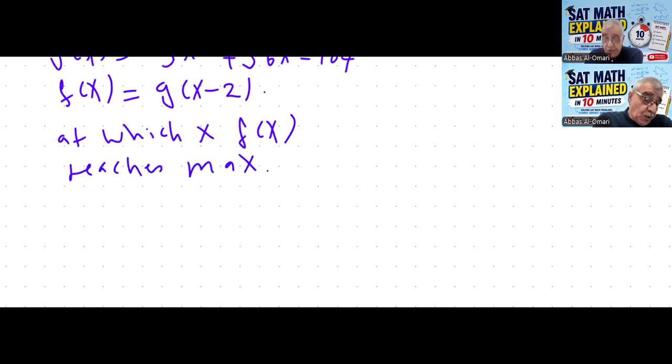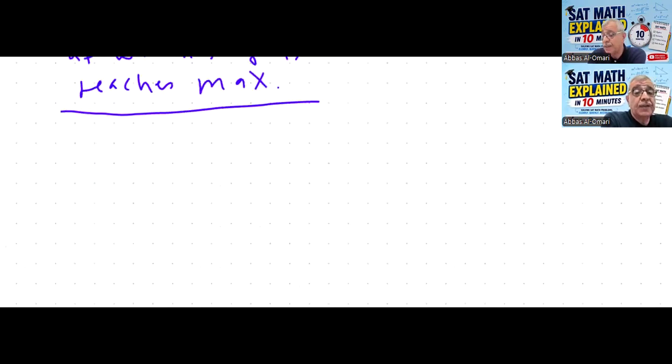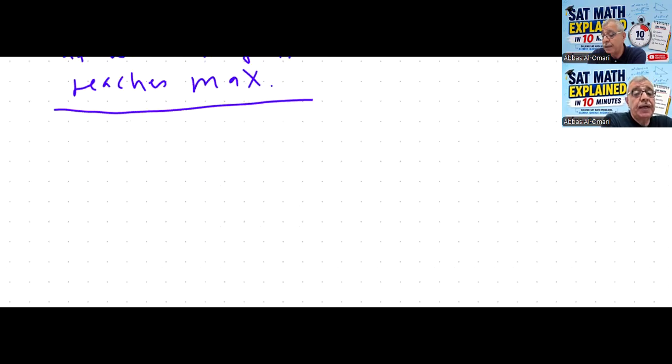Now we know g of x, and f of x is defined in terms of g of x. So we can find at which x the maximum of g of x occurs, then we can get at which x f of x has its maximum. Now from calculus, the maximum of a function, for example g of x, occurs when the derivative equals 0.